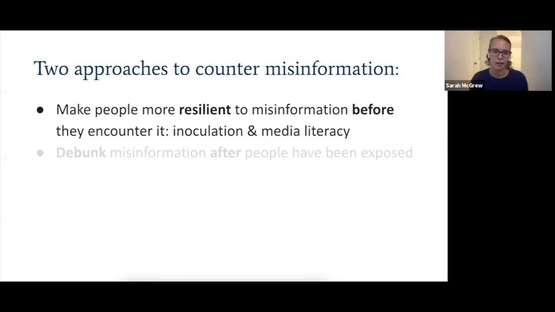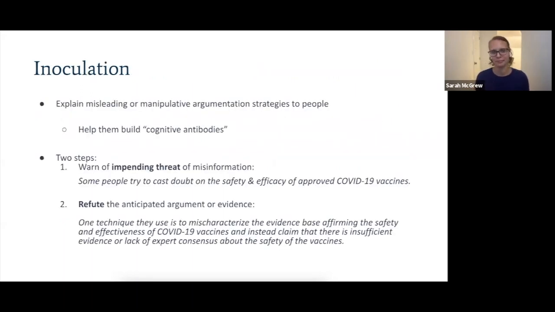So we're going to jump right into those strategies that can make people more resilient to misinformation before they encounter it, and talk first about inoculation. So borrowing from inoculation in a public health context, inoculation in this sense focuses on explaining misleading or manipulative argumentation strategies to people, essentially giving them weakened doses of those strategies, just like we would in many vaccinations, before they encounter misinformation, to help them build what researchers think of as cognitive antibodies, right?